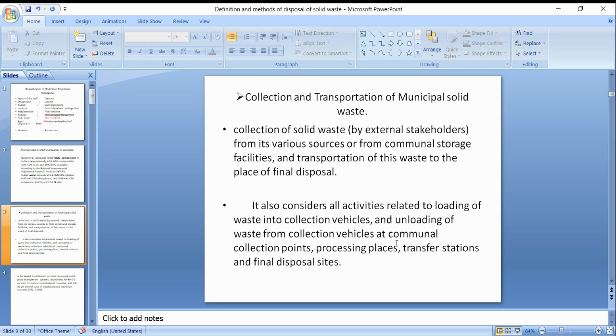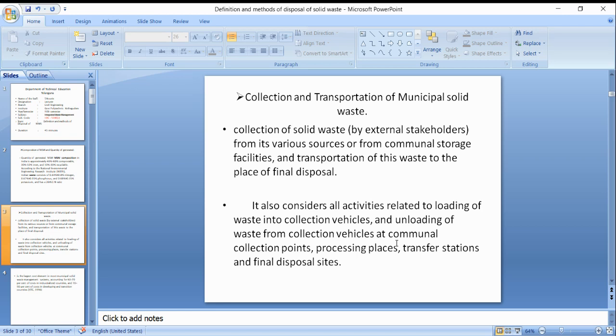Communal storage means a dustbin outside where all the households can put their garbage. It also includes collecting the materials and transporting this waste to the place of final disposal, where it can be safely disposed.